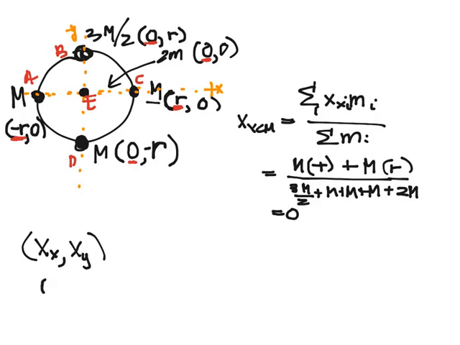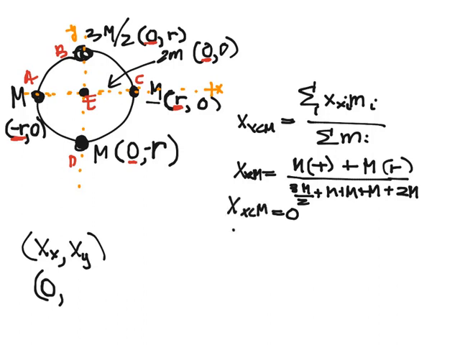So our total x center of mass is at 0. That makes sense because if you were to look at how balanced this thing would be left-right, it would balance out in the middle. So I have xcm equals 0.